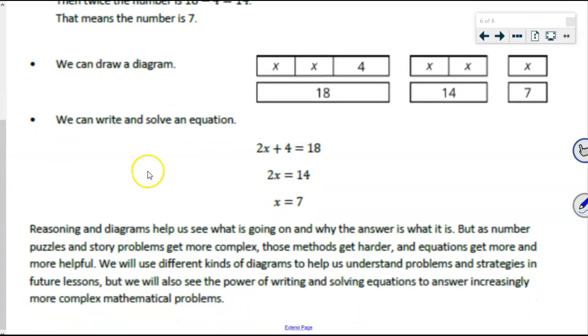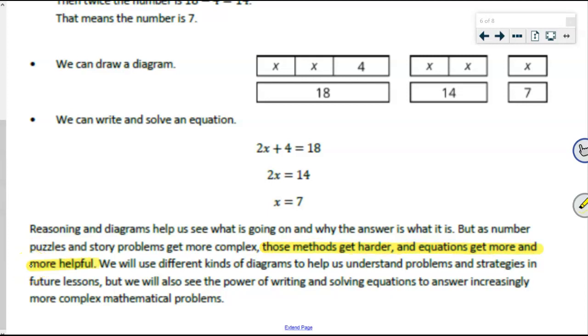So reasoning and diagrams help us see what is going on and why the answer is what it is. But as number puzzles and story problems get more complex, those methods also get a bit harder. So equations become more and more useful. The good thing with the equations, we can still continue to use flow maps.